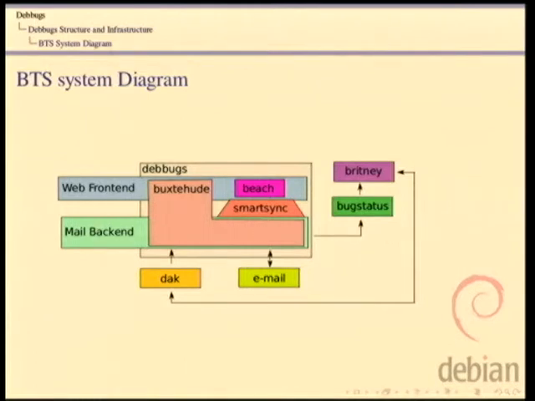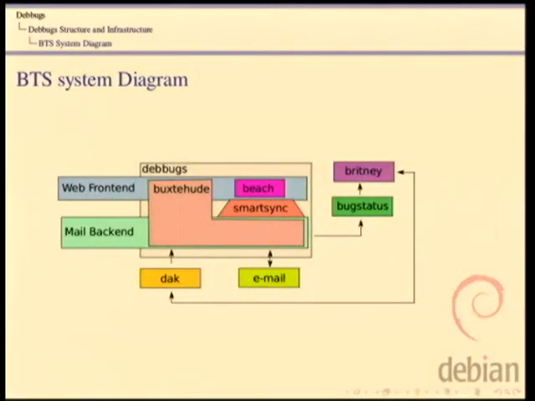Now I'm going to talk about the actual debbugs system and how it works. So debbugs has 2 main components. There's a mail backend, which is what you interact with when you email control@bugs.debian.org or submit@bugs.debian.org or a bug number at bugs.debian.org. And that system runs on a machine called Buxtehude, which has all of the files and processes your email.